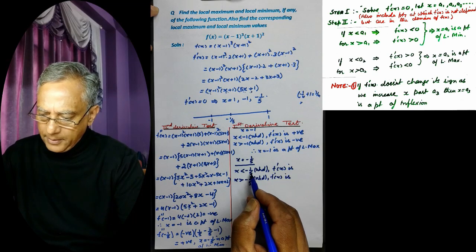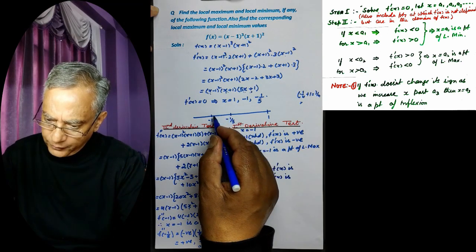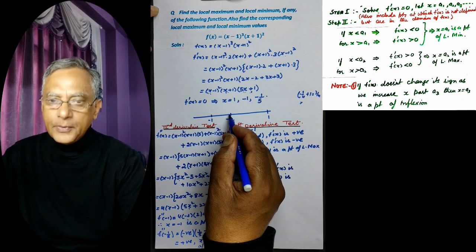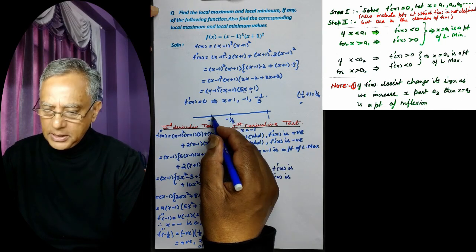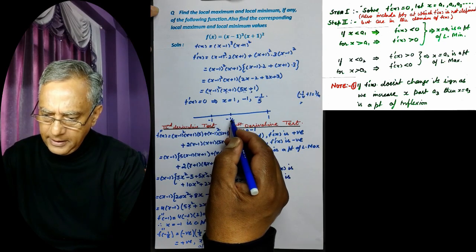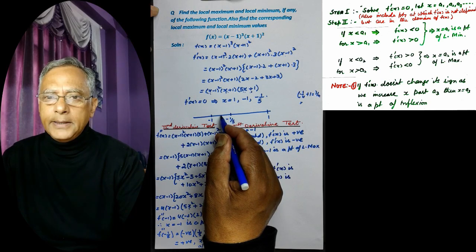Now minus 1 by 5 is minus 0.2. So in a neighborhood of this point, we shall take any point in this interval, because the sign will remain the same throughout this interval. This is minus 0.2, I will take minus 0.3.